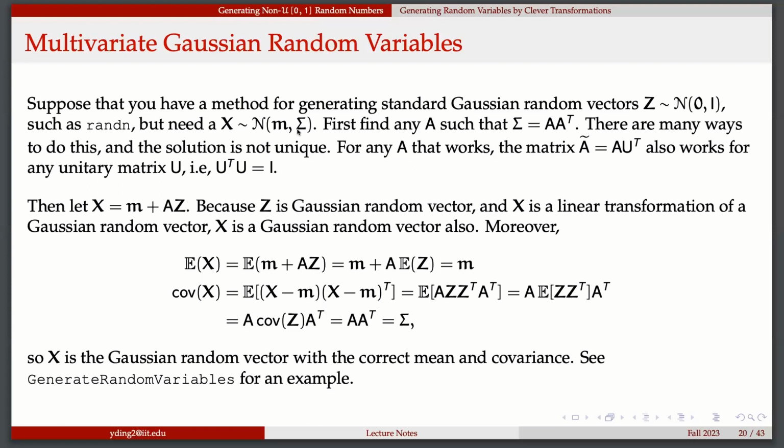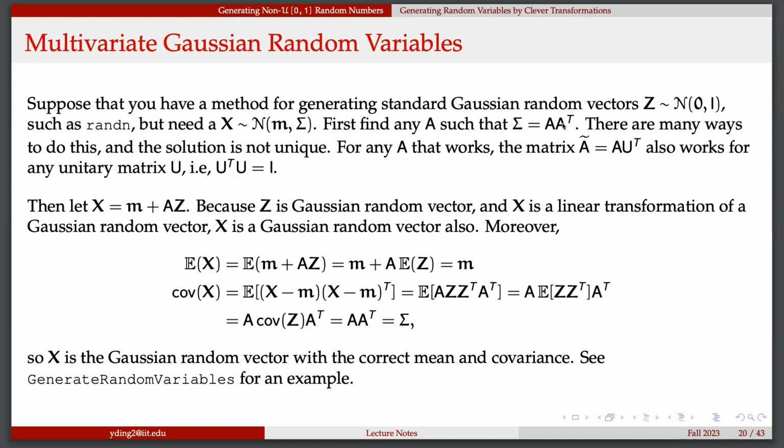So the first step is to do a Cholesky decomposition of this covariance matrix, because it's positive definite, so you will get this A. We can do that, or we can also do something like this. You will have this unitary matrix, which has a lot of good properties, but Cholesky decomposition is an easy way.